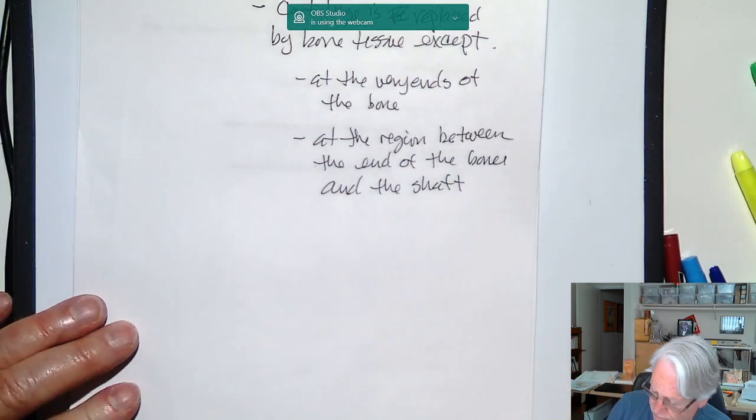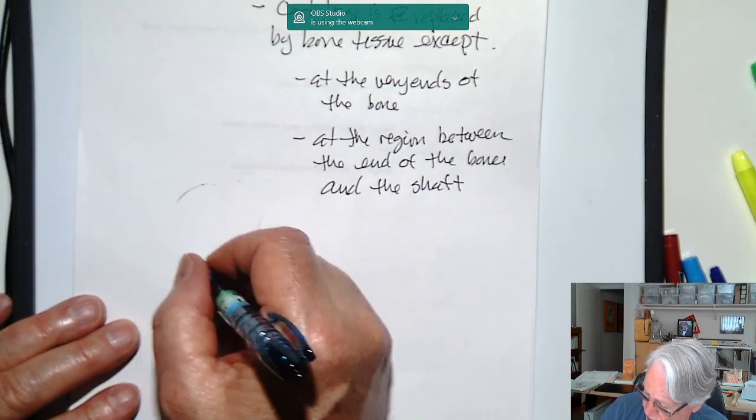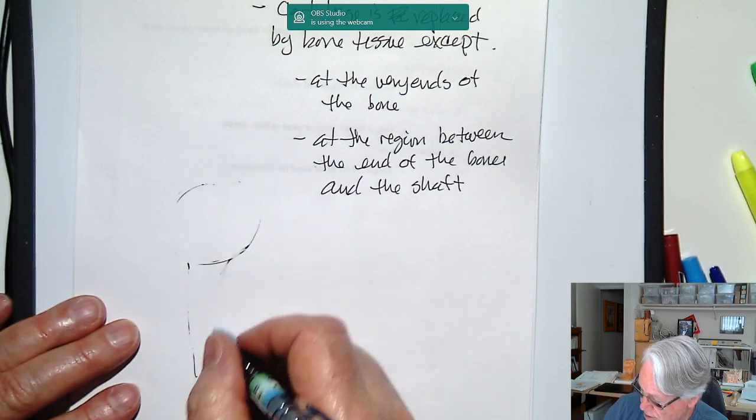So, if I can do this, let's see if I can. So here's the end of the bone, here's the shaft.